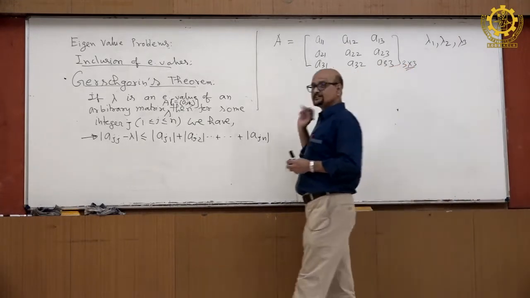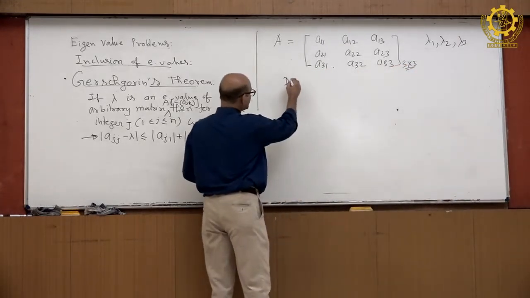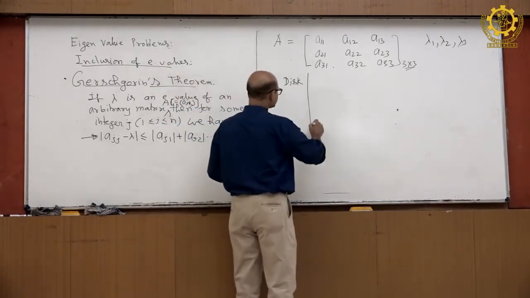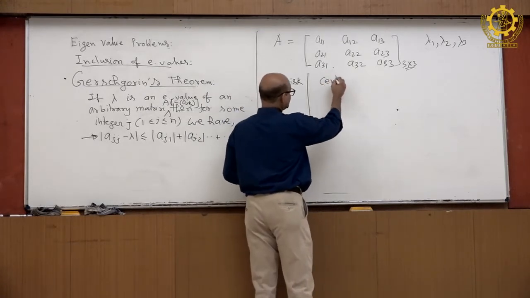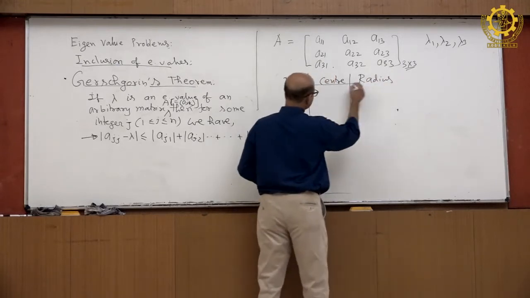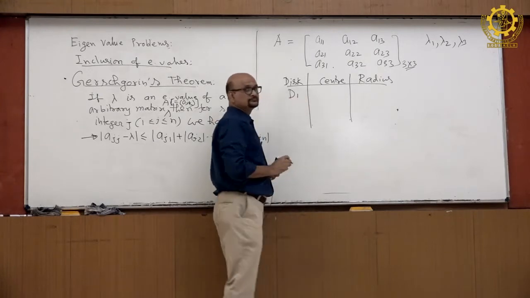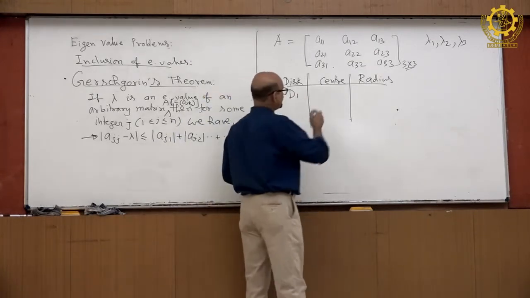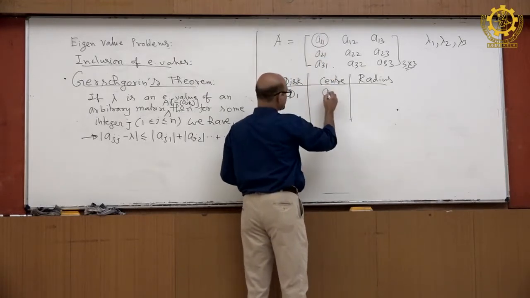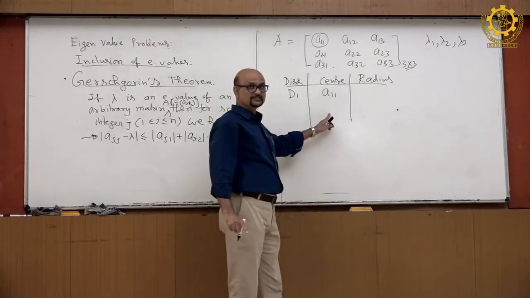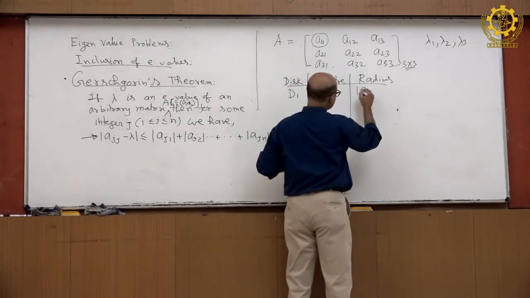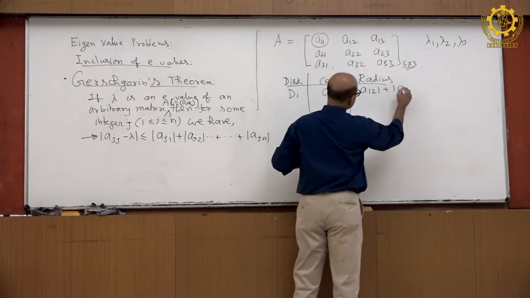Now, the procedure for this theorem is this. I will have different disks depending upon lambda 1, lambda 2 and lambda 3. For each disk I have the center and the radius. For d1 on the xy plane, or lambda plane, the center I will take as the first diagonal element, that is a11, with sign. If it is minus, it will have minus. And the radius I will take as the summation of the absolute values of the other elements in that row.